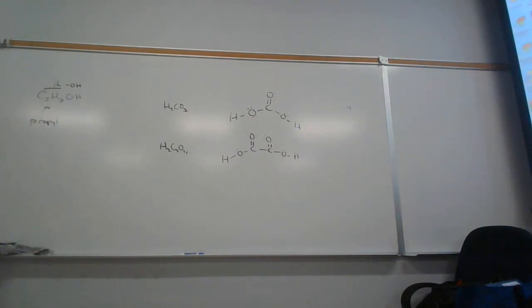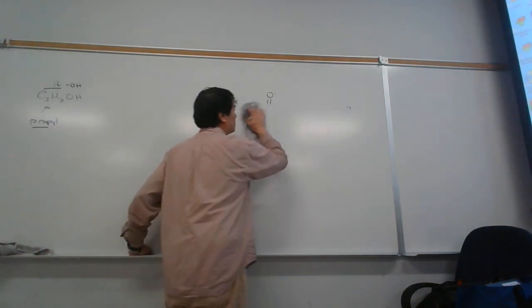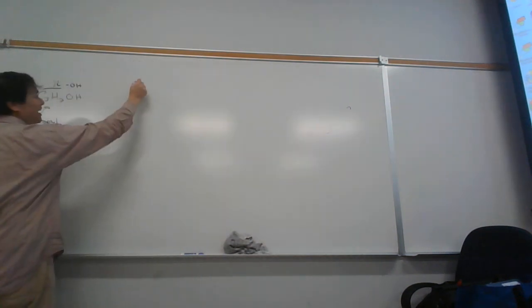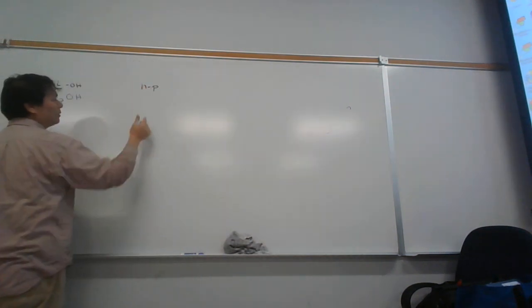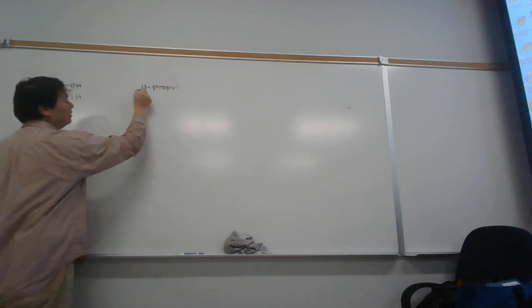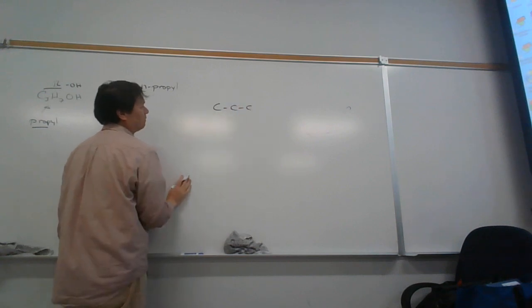We can try it. Prop is 3 carbons, but there are different ways we can do 3 carbons. There's N, which stands for normal. The normal way is 3 carbons in a chain.